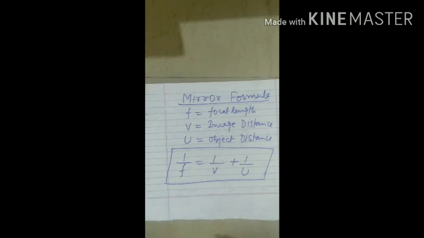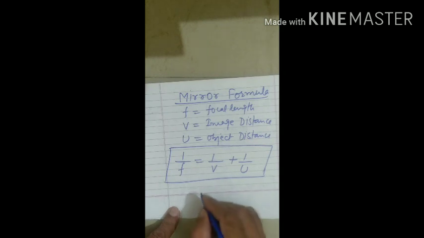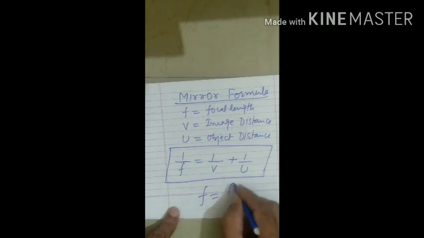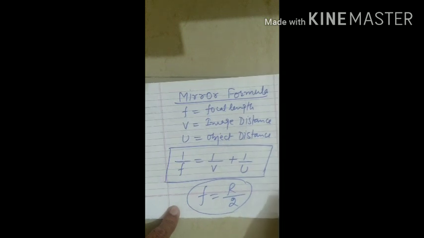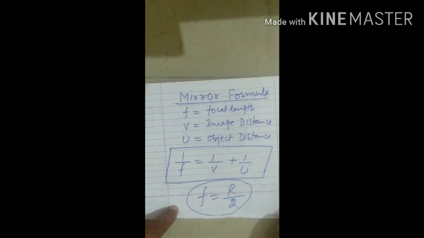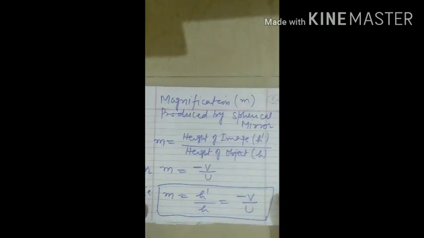Children, also keep in mind that focal length and radius of curvature are related to each other. The formula for that is f is equal to r upon 2. That means whenever you divide radius of curvature by 2, you will get the focal length. You can pause my video anywhere if you feel it difficult to understand, and you can take screenshots of these images also. Now, after that, I will let you know something about the magnification.